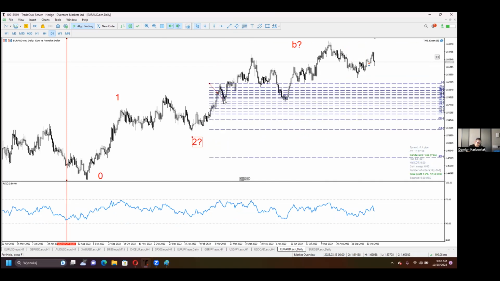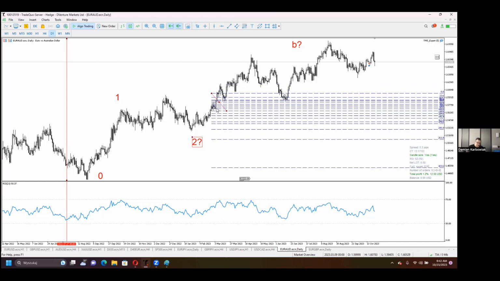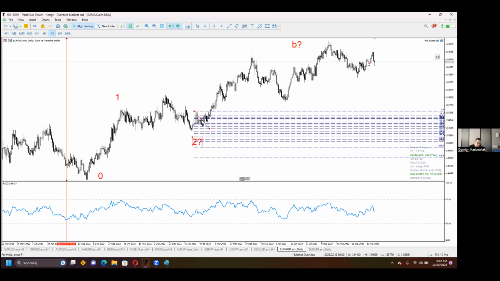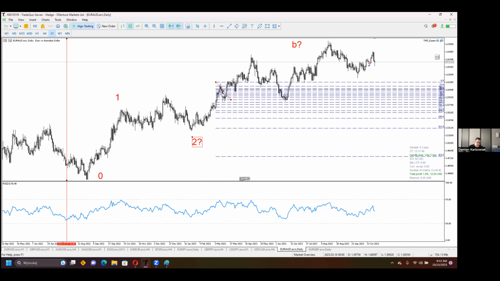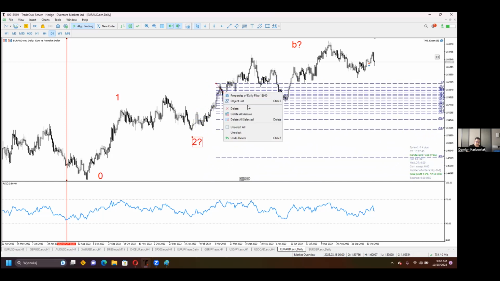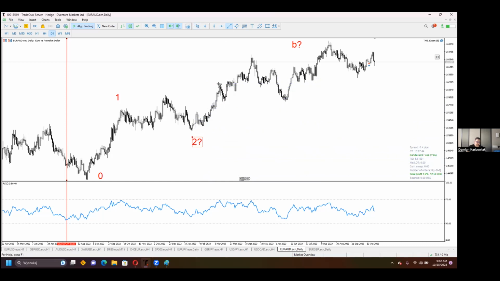So let me check what happened in the middle. This is the biggest correction in the next movement. And it was the biggest correction right here. So this movement cuts this one and that one into the 3 pieces.